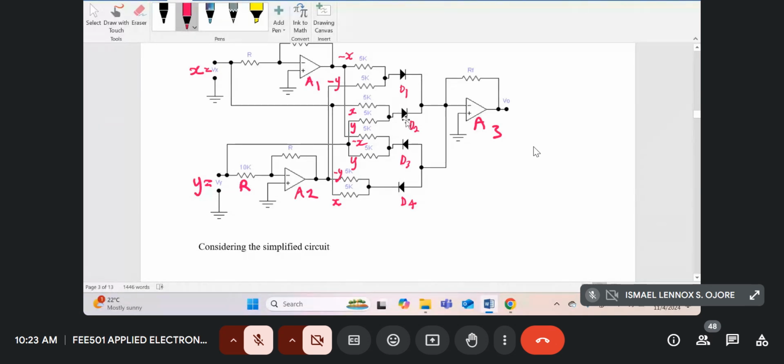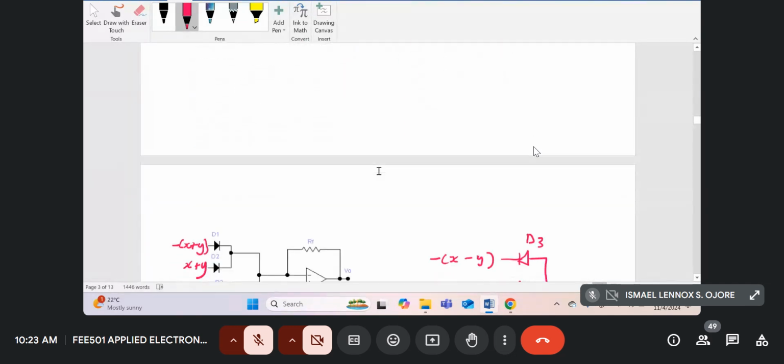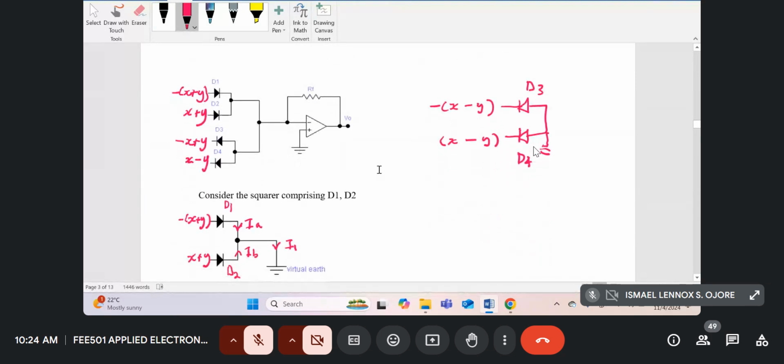For the bottom diodes D3, D4, current can only flow from right to left. For D1, if you look at this circuit, it's got signals minus x, minus y. And for D2, we have x and y. So I'll just put those signals here.